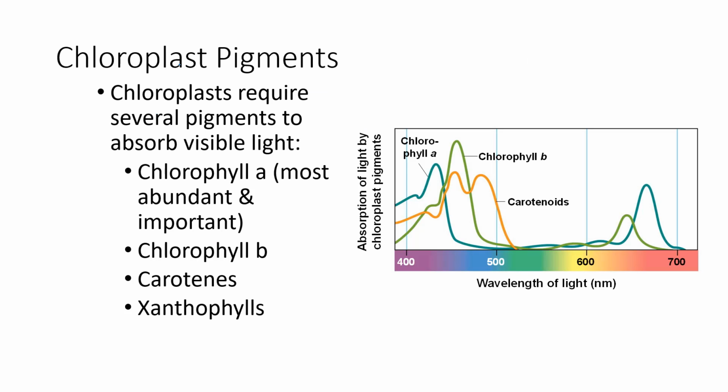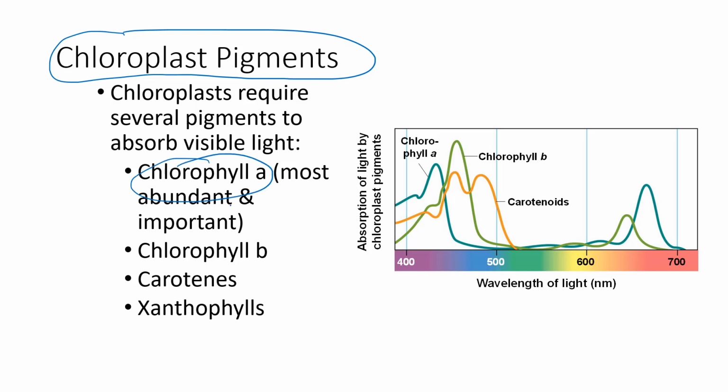So the photosystems have a variety of chloroplast pigments. The most abundant and most important is chlorophyll A. It's a green color, right, which also explains why cells that contain chloroplasts are green, because most of the pigment in there is chlorophyll A. Chlorophyll B is also green.